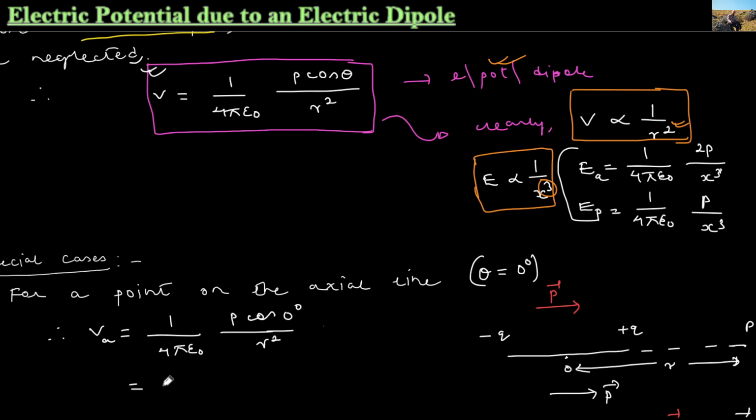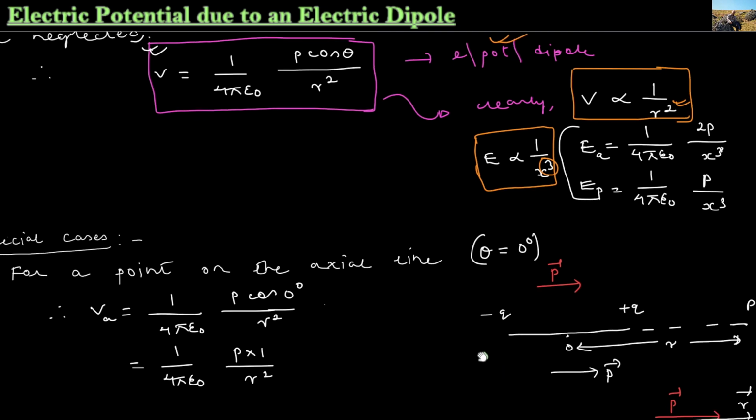Then over here we have 1 by 4 pi epsilon naught, then V into 1 divided by R square. This is our V axial.